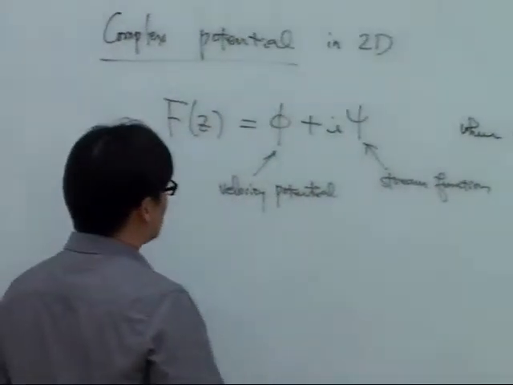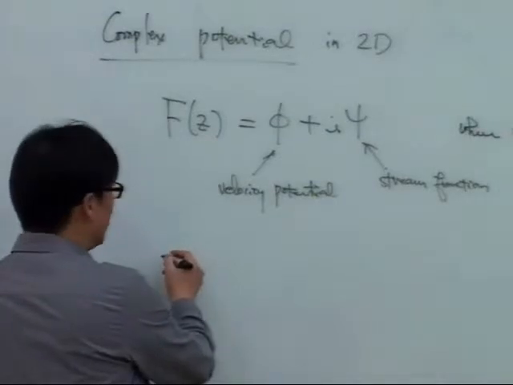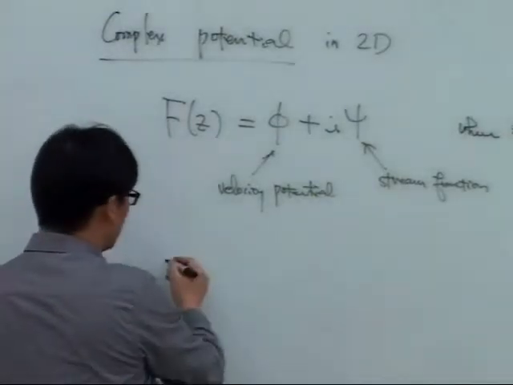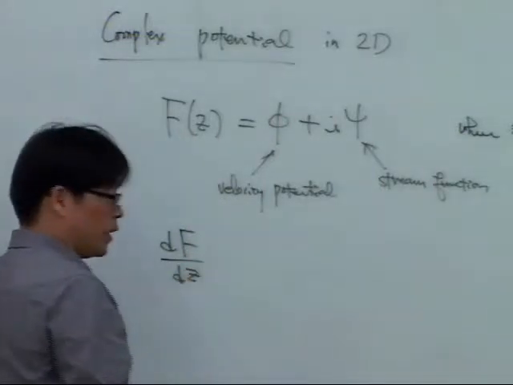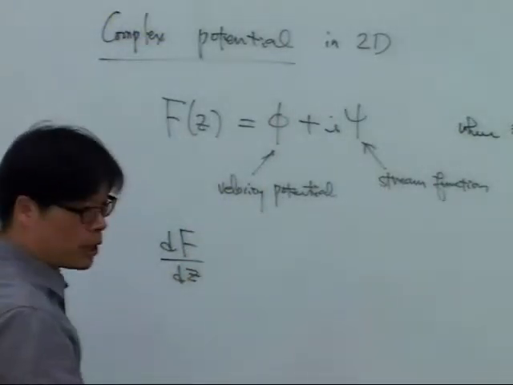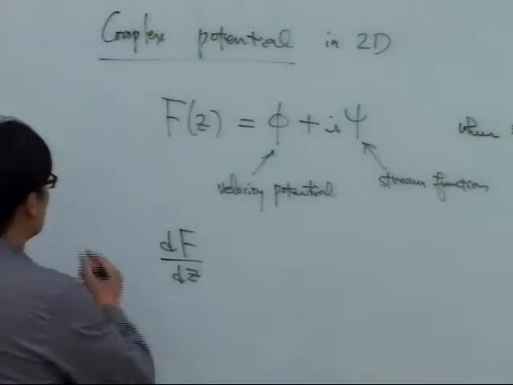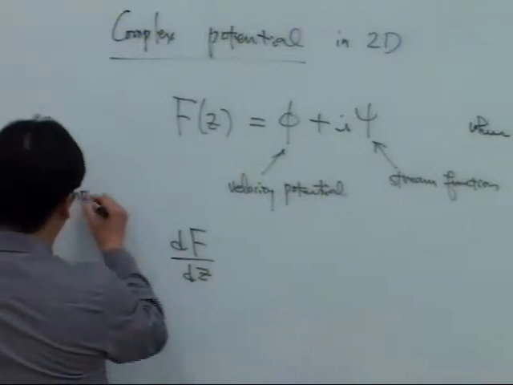Likewise here, if you take a z derivative of f, you will get the complex velocity.